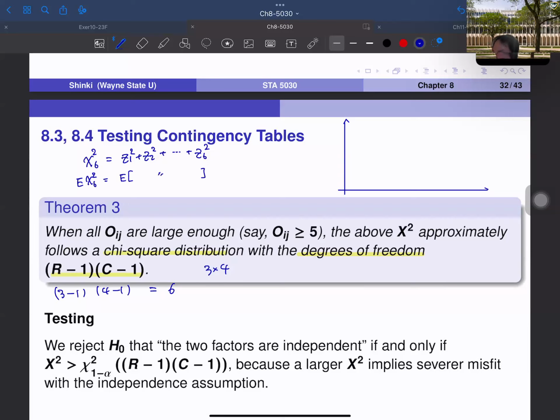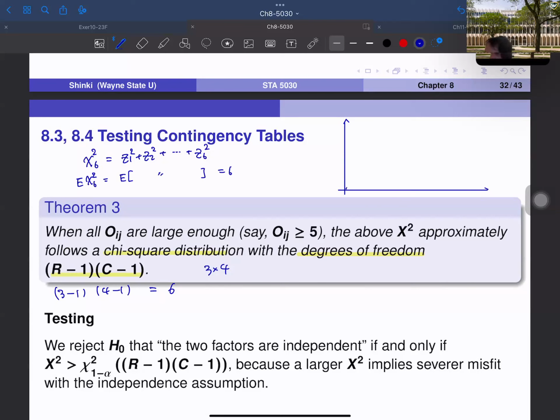And Z1 to Z6 are all normal 0, 1 random variables. So variance is 1 and expectation is 0. So the expectation of Z1 squared is, in this case, the variance of Z1, since the expectation is 0. So that becomes 1. So we have 6 terms. So this is equal to 6.